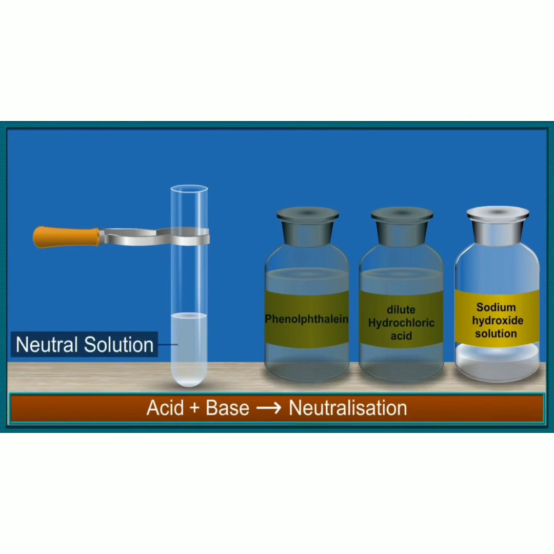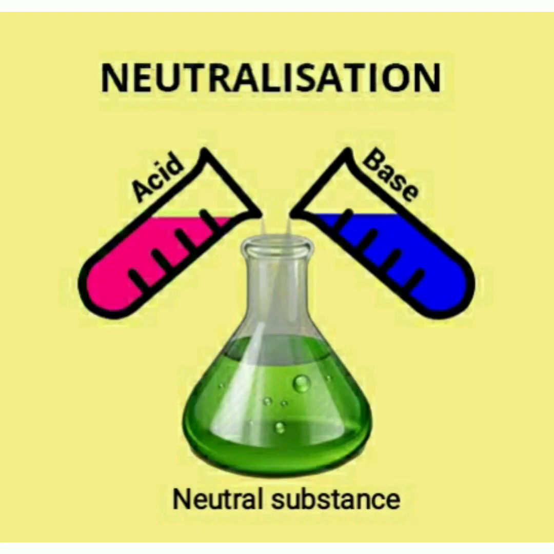Hence, when an acid and a base are mixed together in the right proportion, they neutralize the effect of each other, and the resulting solution is neither acidic nor basic. It is a neutral solution. Hence, the reaction between an acid and a base to produce neutral substances is called a neutralization reaction.